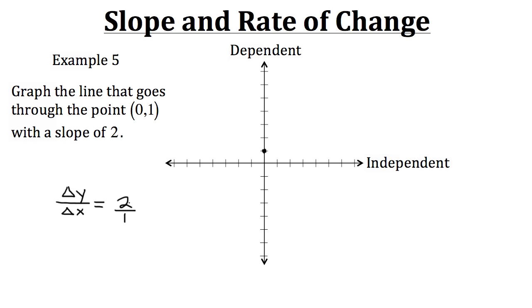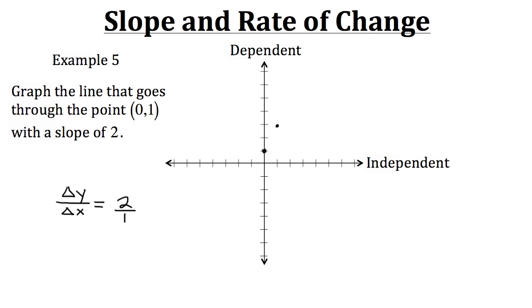So y is changing by positive 2, while x is changing by positive 1. To draw our line with this slope, y will go up 2 while x goes over to the right 1, representing our positive 2 change in y and our positive 1 change in x.